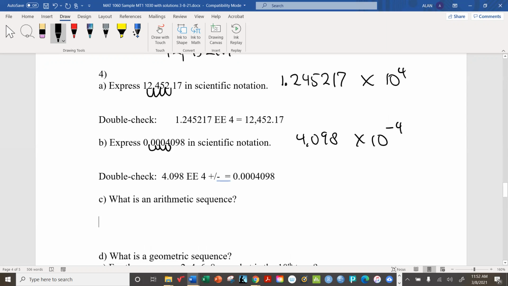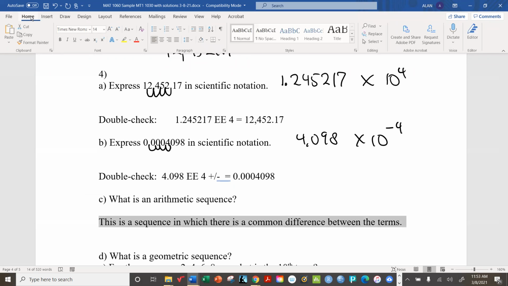All right, now for the arithmetic sequence, all you have to remember, you don't have to define what a sequence means. Just say that this is a sequence in which there is a common difference between the terms. The key word to all of that is common difference. That's really the bottom line.